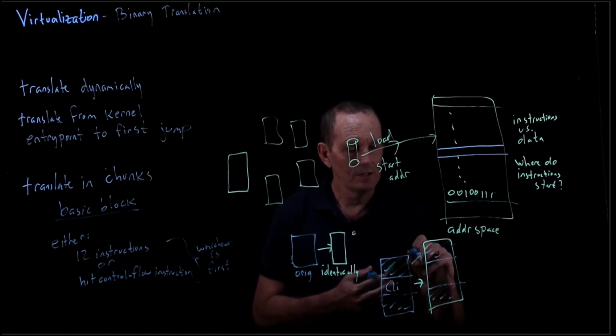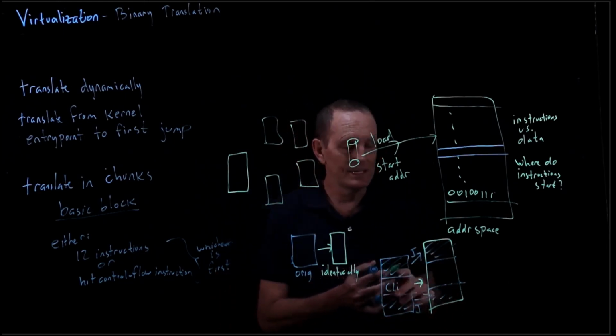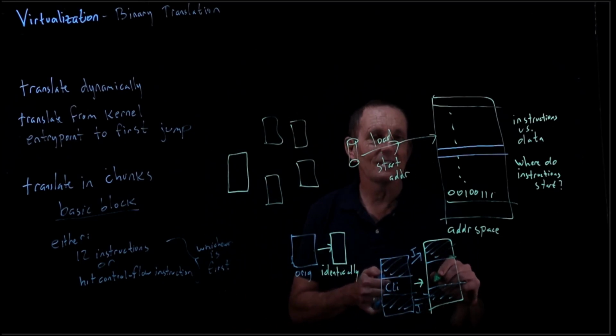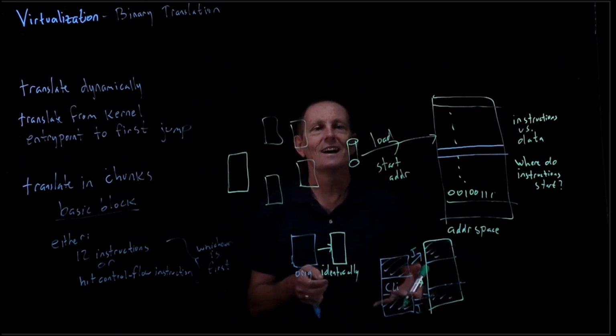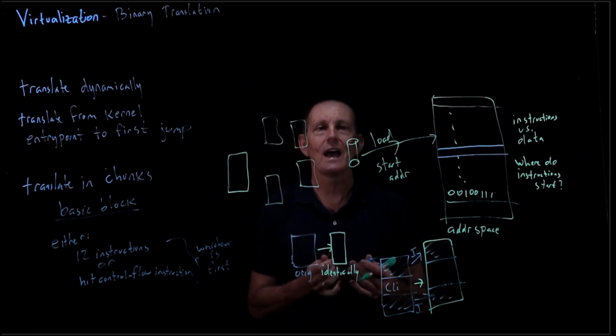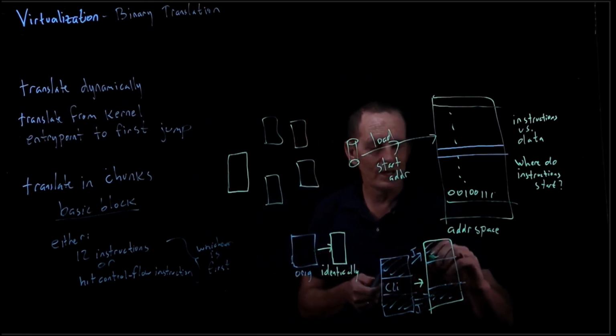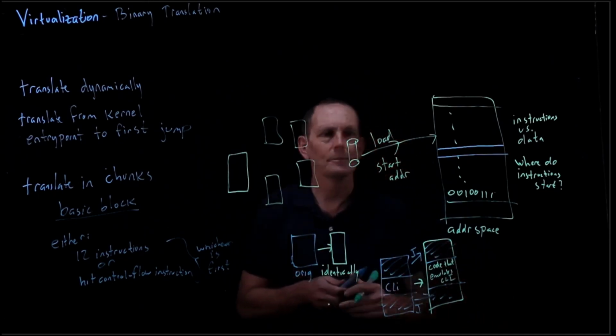So this is an identity transform, and this is an identity transform. And the CLI, instead of a trap, which would cost us a hardware trap, we'll just go ahead and put new code in here, code that emulates a CLI.